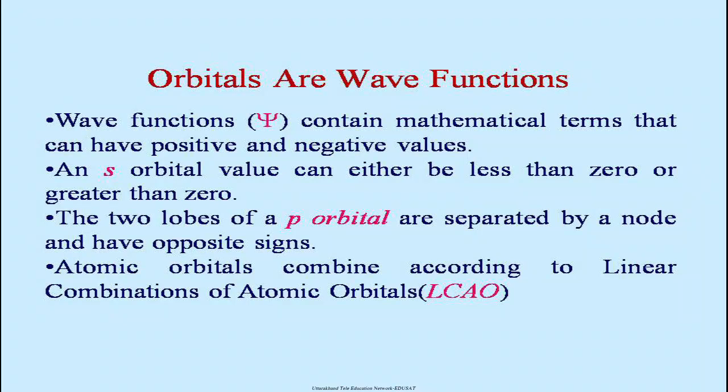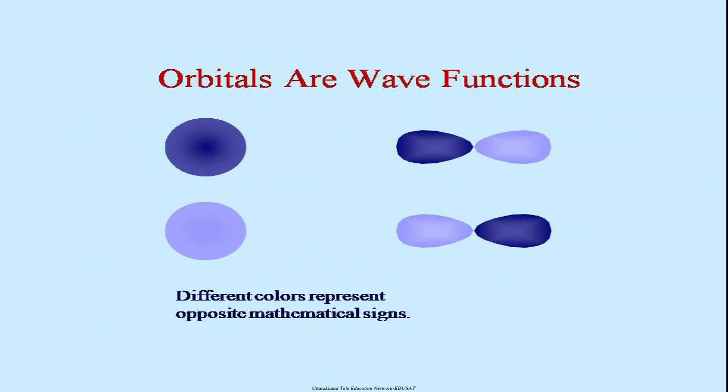The atomic orbitals combine according to the linear combination of atomic orbitals. In this case, the electrons can be thought of as moving in a molecular orbital whose total volume is approximately the sum of the volumes of the atomic orbitals. So in this whole molecular theory, the orbitals can be treated as wave functions.